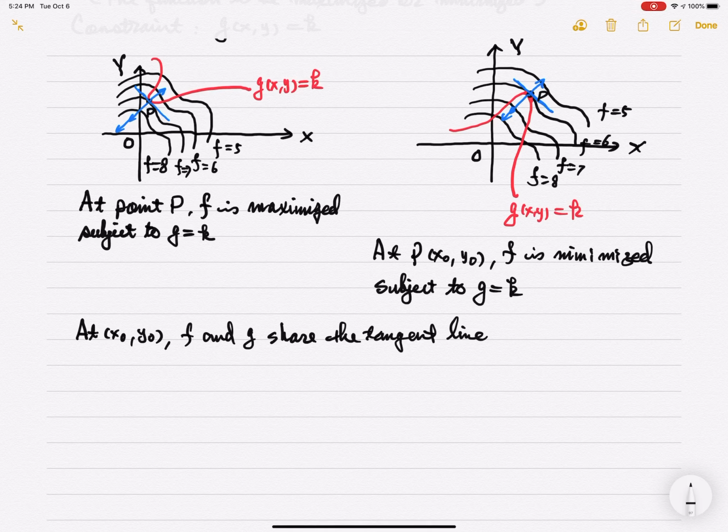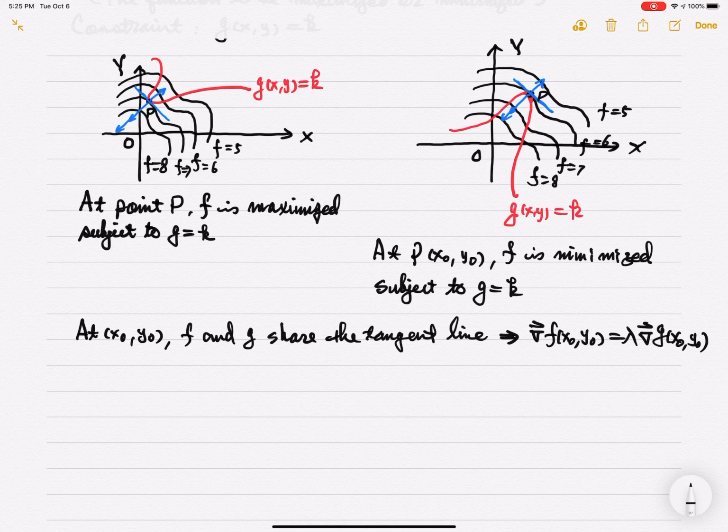Now this implies their gradient vectors at that point must be parallel to each other. Well, what do we mean by parallel to each other? We say they are proportional to each other, so one is equal to a constant lambda times the other one. If lambda is positive, that means they are in the same direction. If lambda is negative, in the opposite direction.